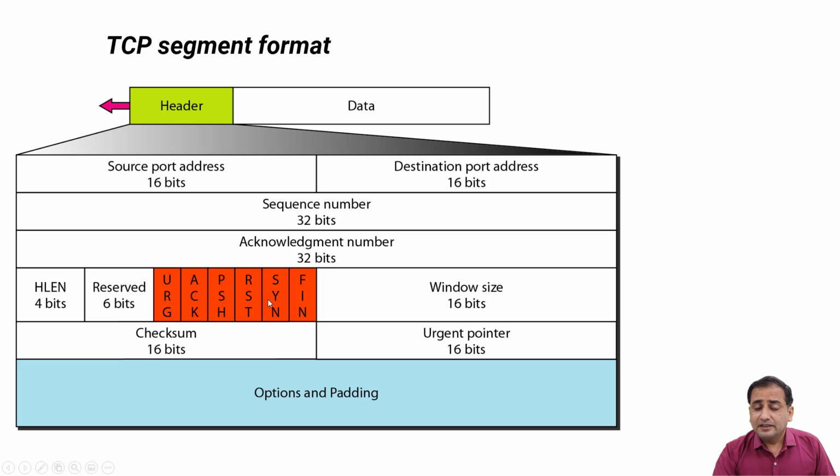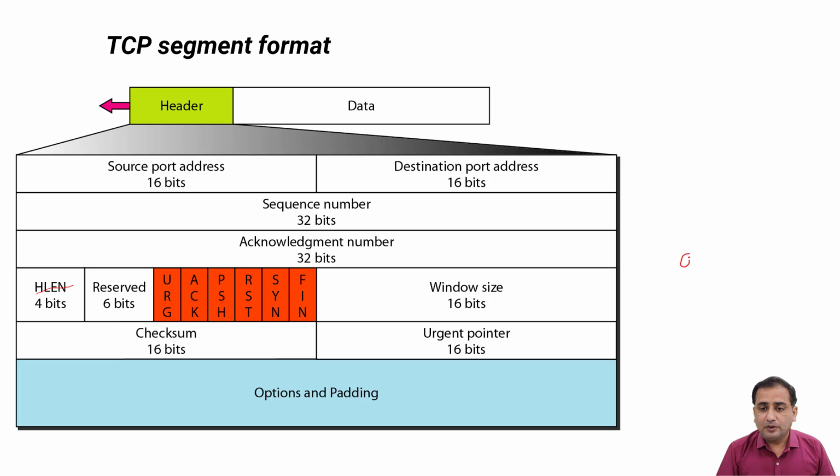On the left hand part of the fourth row, the first 4 bits are the header length. And how many bits do I have? 4 bits. Now please understand, as we discussed for the IP header, the header length field will give you the length in terms of 4 bytes. That means my 4-bit header length can be set to all 0s, or all 1s.